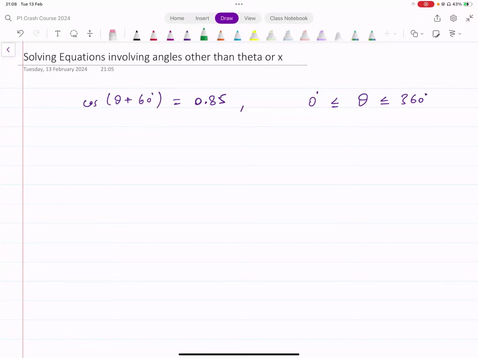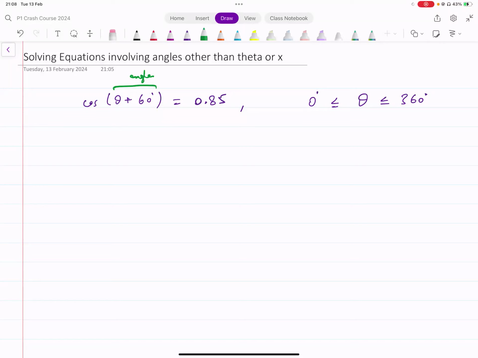Now remember, the angle is not theta. The interval that we're given is for theta, but the angle is not theta. The angle is this whole thing: theta plus 60, that's the angle. The interval that we're given is only for this part, theta.